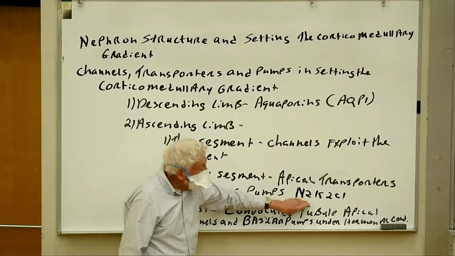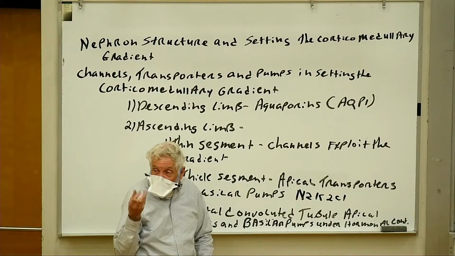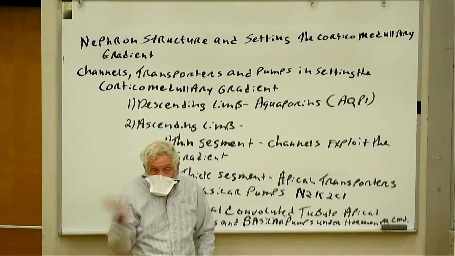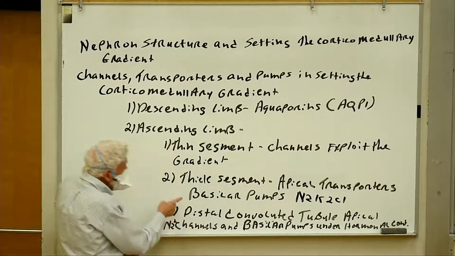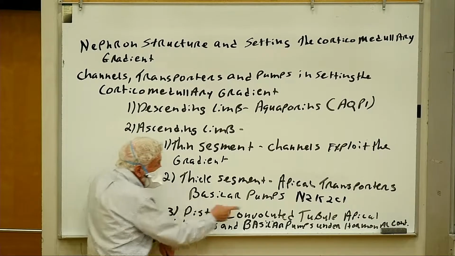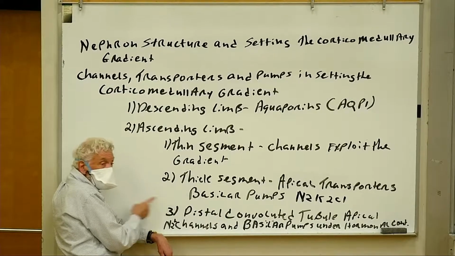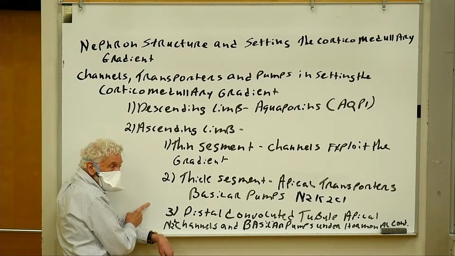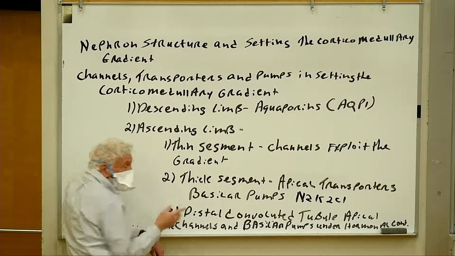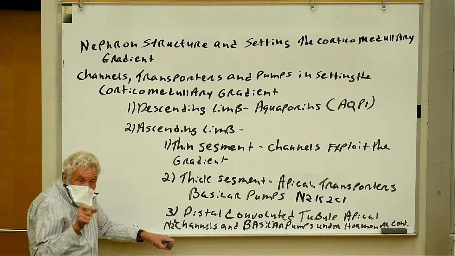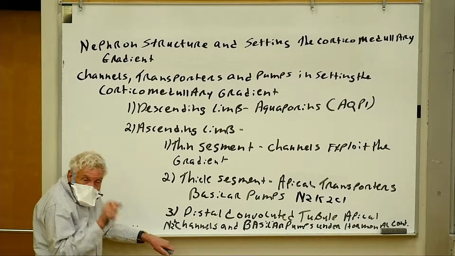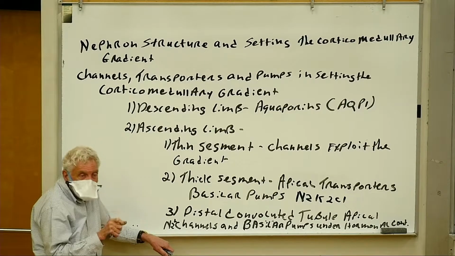This transporter snags ions in the lumen of the ascending limb and moves them into the cytoplasm, and then basilar pumps, mostly sodium-potassium ATPases, take over and move those ions into the interstitial space. Now, for some distance along the thick segment, all we're doing is bringing the contents of the lumen of the ascending limb to equilibrium with what's in the interstitial space.